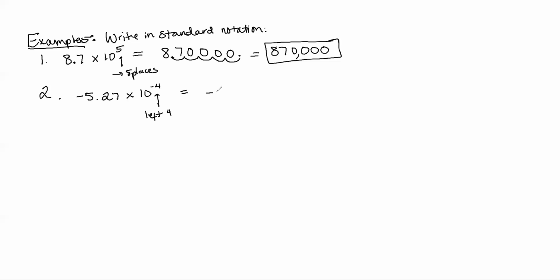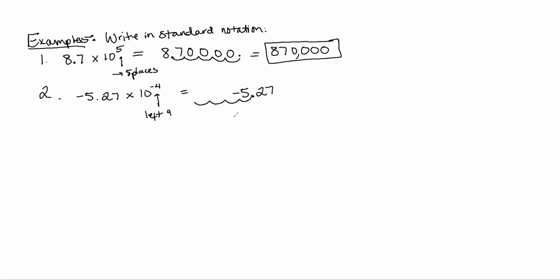And I'm going to give myself a little bit more space because we're moving to the left. We're taking our negative 5.27 and we're taking our decimal and we're moving it to the left 4 places. So 1, the negative doesn't count, that's paired with the 5. So it's 1, 2, 3, 4.